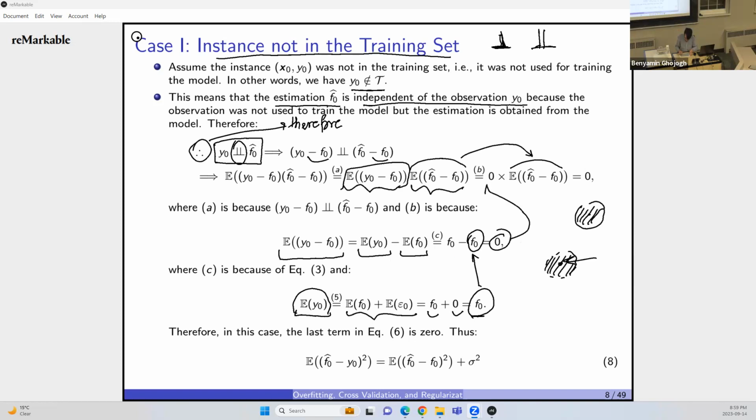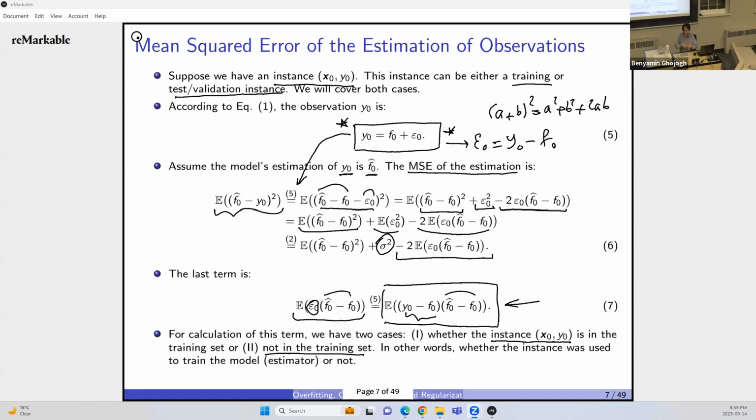Now I put it back here. Rather than this, I put 0. 0 times this becomes 0. The third term in this case became 0. The third term in equation 7 here. This became 0 when the data is not in the training set. You might be wondering why we are doing this. You will see the beauty. Just bear with me for a few minutes.